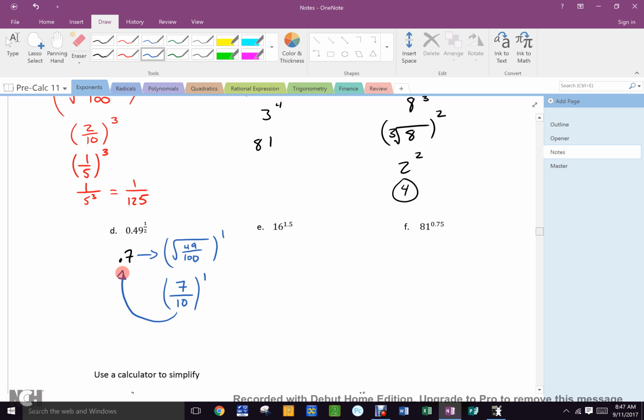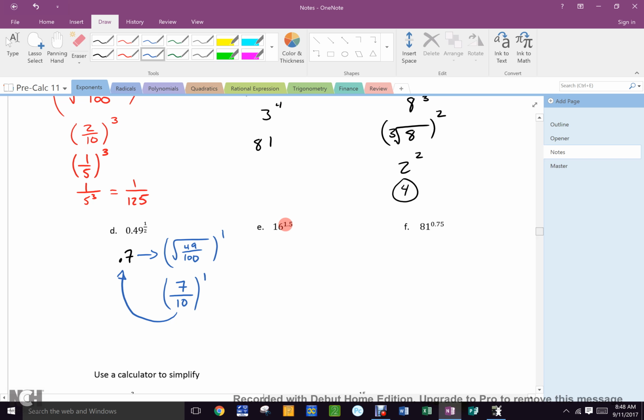Okay, look at E for a moment, because E looks weird. What's weird about E? It's a decimal exponent. Wait a minute, Myers, you haven't taught us anything about decimal exponents. But I have, because this isn't a decimal exponent, it's just another way of writing a rational number. And isn't every rational number something we can write as a fraction? Great.